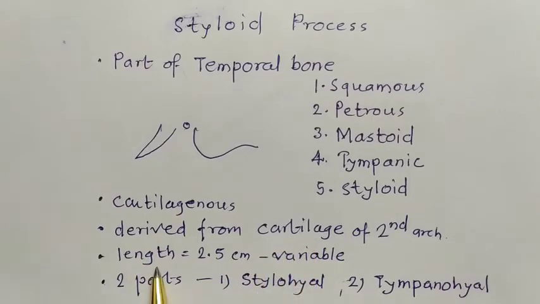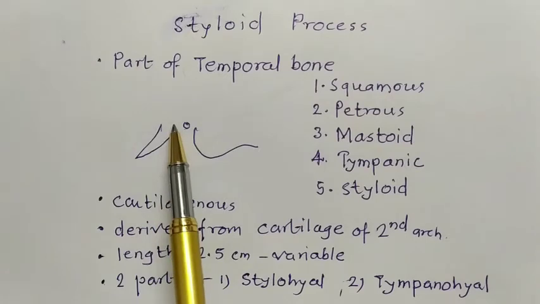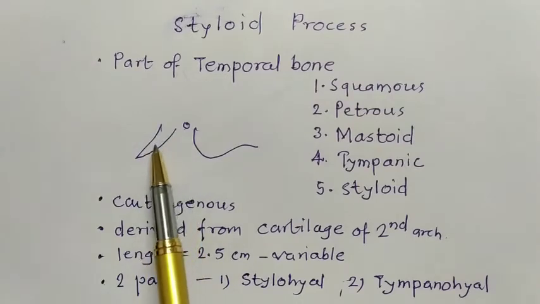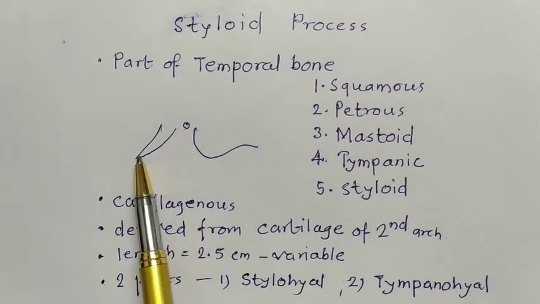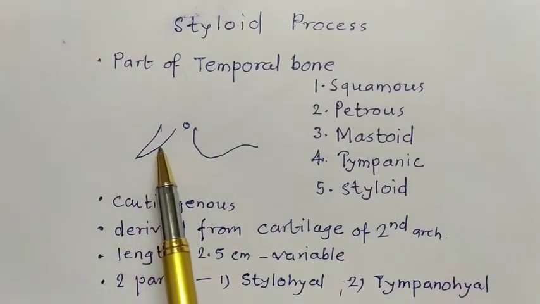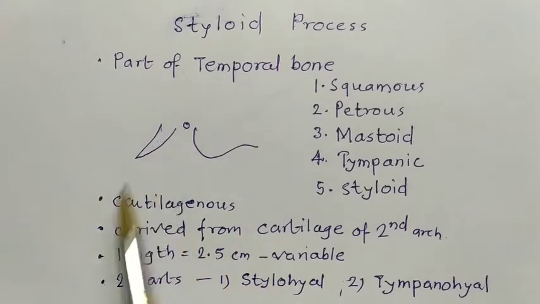The styloid process is a long slender process. The average length is about 2.5 centimeter, but it is variable, and the styloid process is directed downwards, forwards and slightly medially. The lower part of styloid process is free.